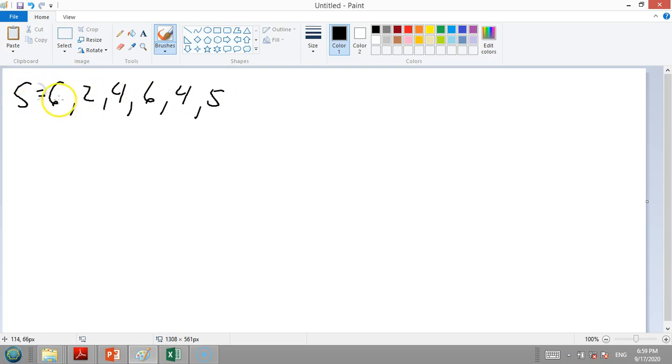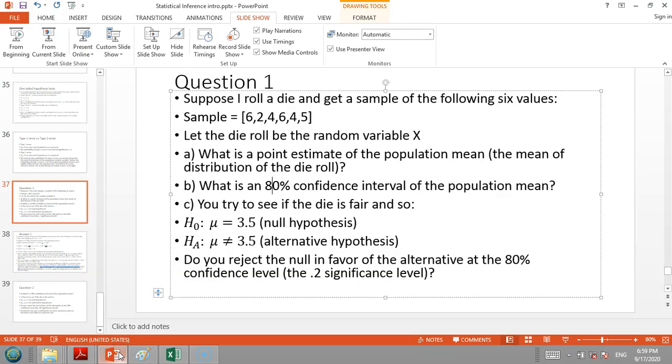And this is my sample S. The first step is: what is the point estimate of the population mean, the mean of the distribution of the die roll? This is X bar in this case.